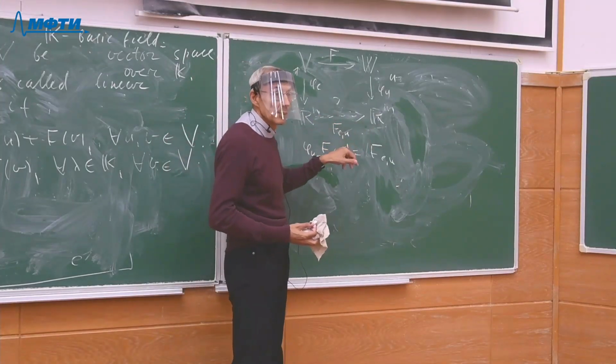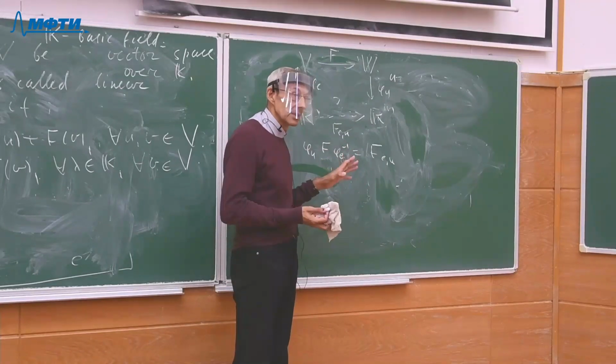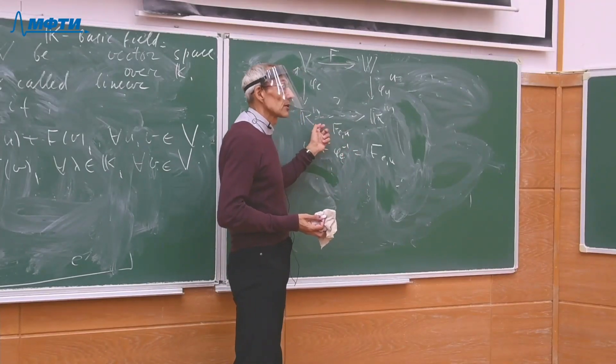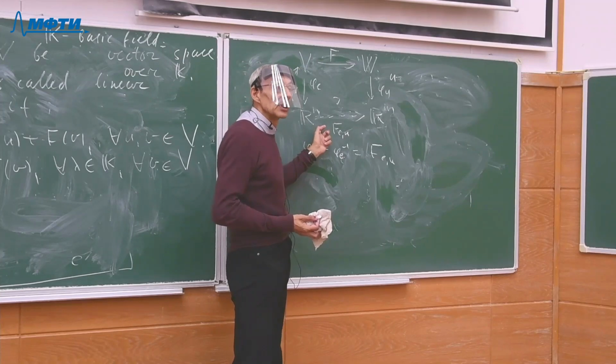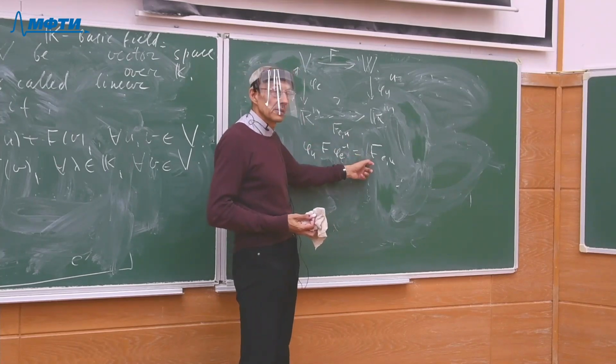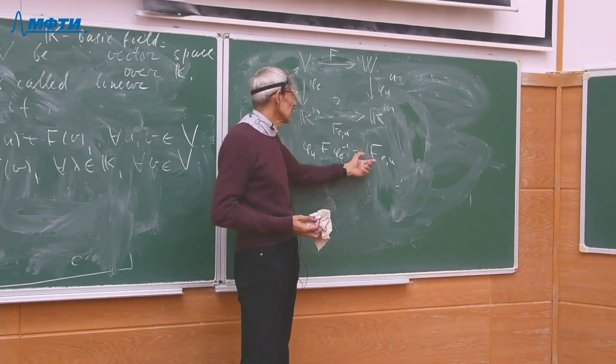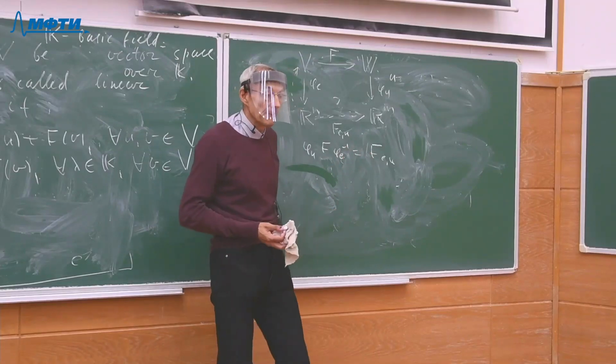And this linear transformation is, in all cases, an easy fact, a transformation defined as multiplication by the matrix. This matrix F EU is the matrix of the linear transformation.